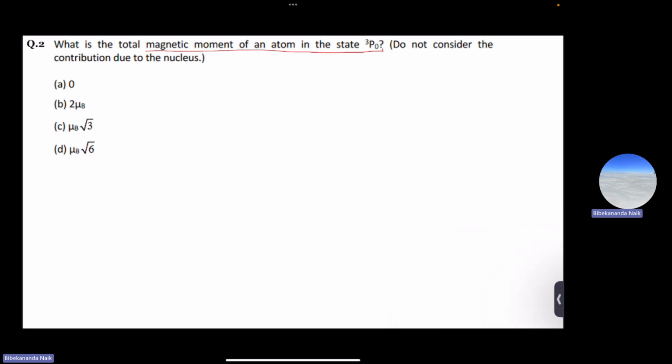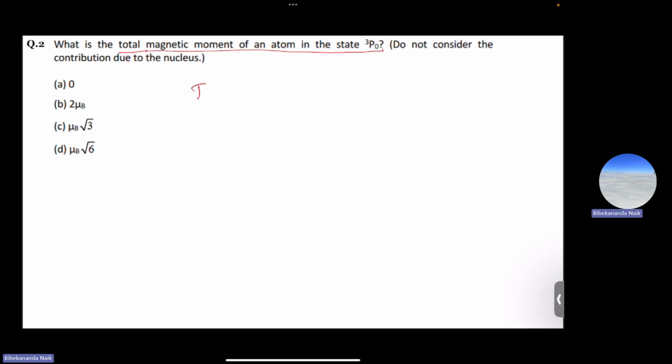So if we discuss this question, we know the expression for the total magnetic moment.